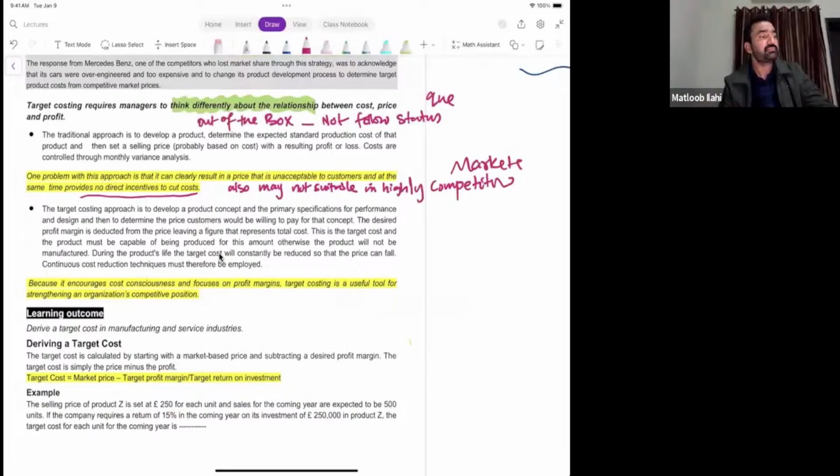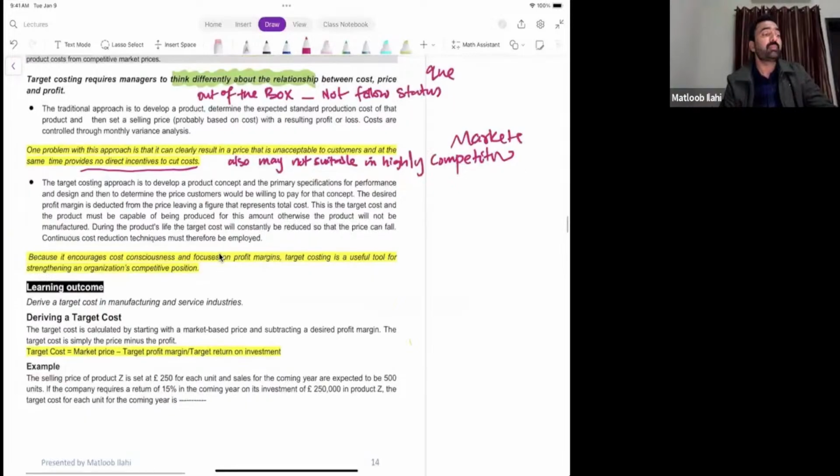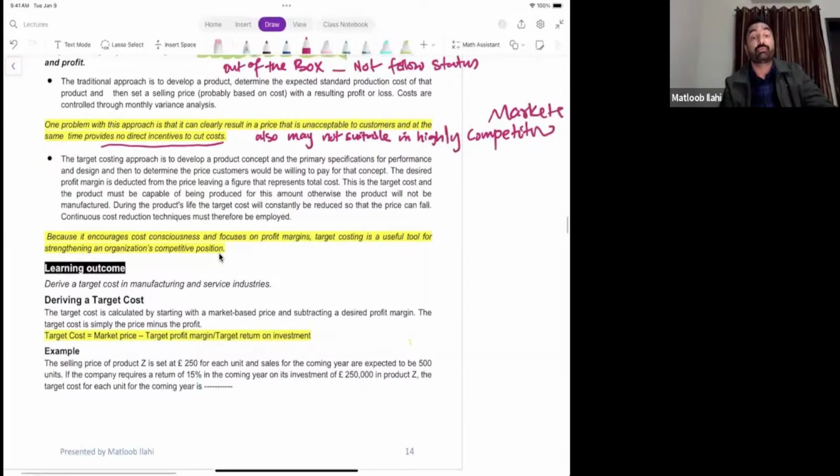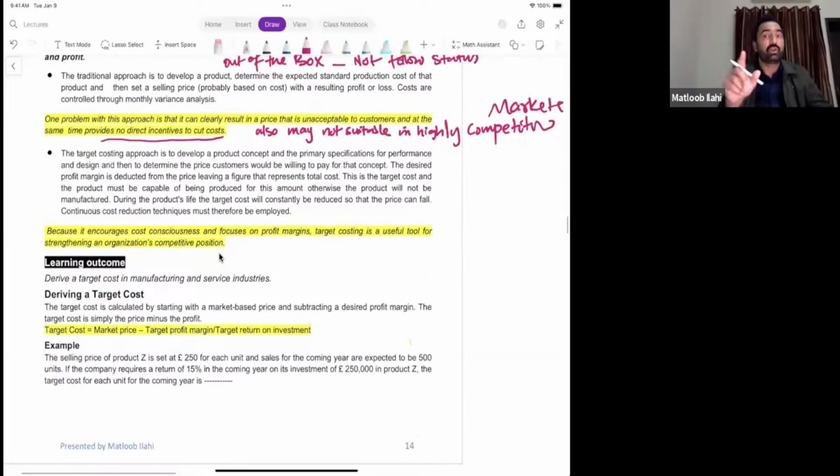So target costing is to develop a product concept and the primary specification for performance and design, and then to determine the price customers would be willing to pay for that concept. So first you develop the concept, what product you are going to offer.